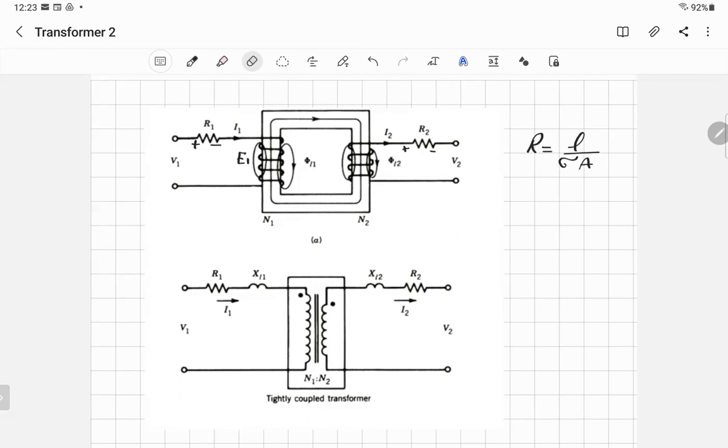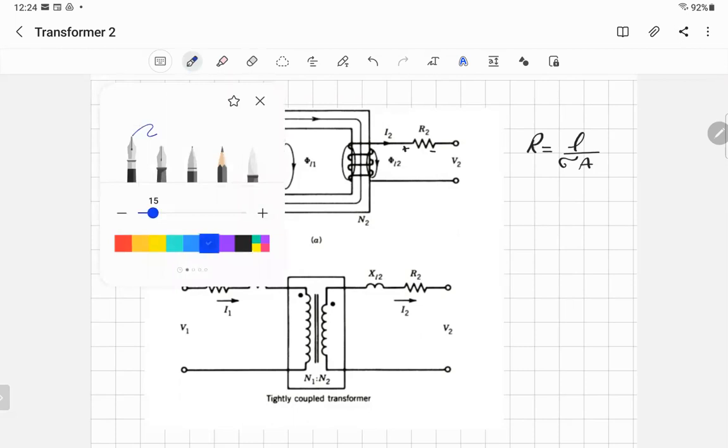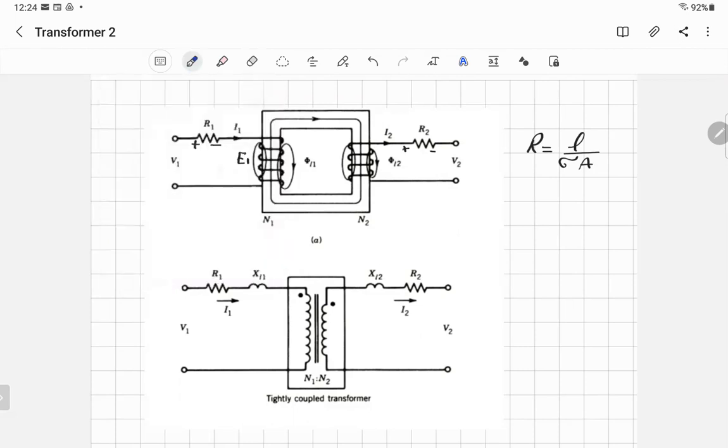Anything connected to power loss, we deal with resistance, and anything dealing with magnetic field or magnetic flux means we are going to deal with inductance. That's very obvious. So when you look at it, we know that the inductance in general, which we studied in the magnetic circuit, is equal to N phi over I, and also we found it can be N squared divided by the reluctance.